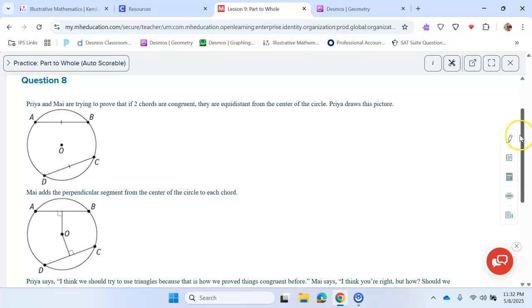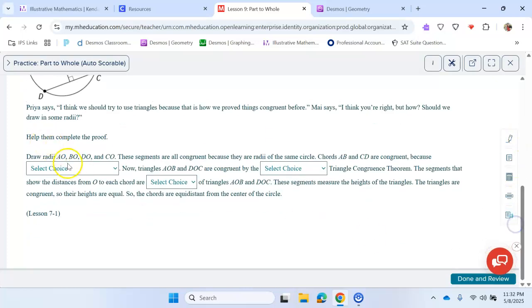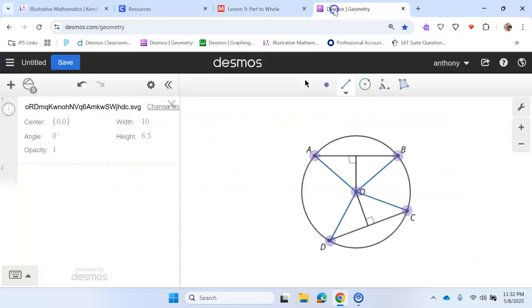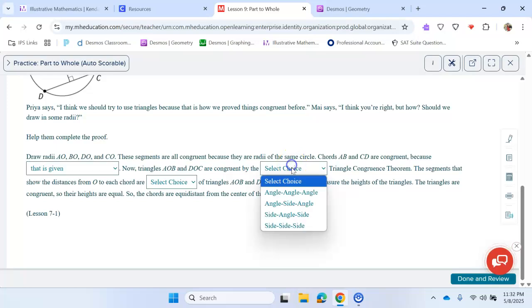Two chords are congruent. That was given. Now triangles AOB and DOC are congruent by side, side, side. This side is congruent to this side is congruent to this side, and then AB is congruent to DC. Side, side, side.